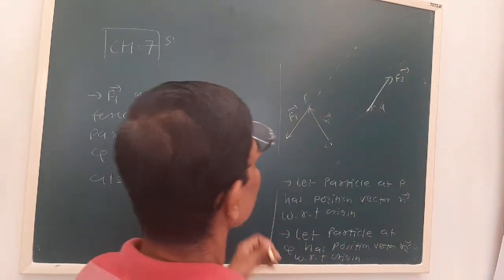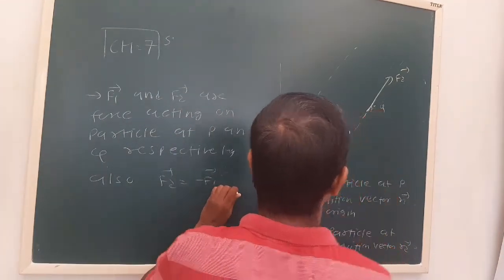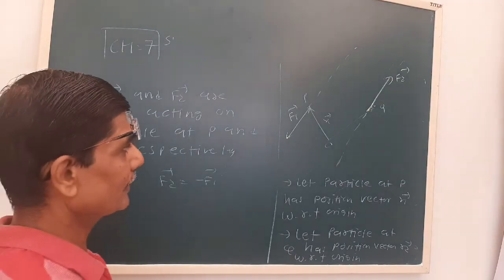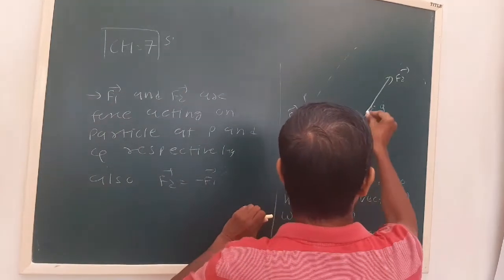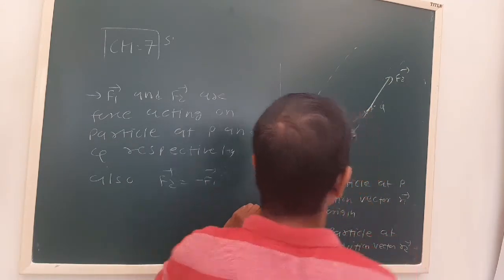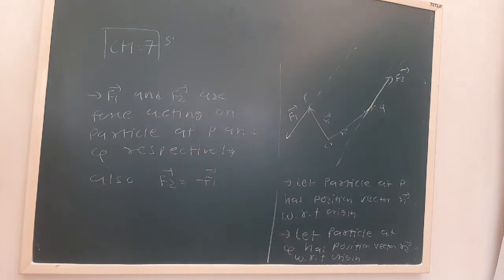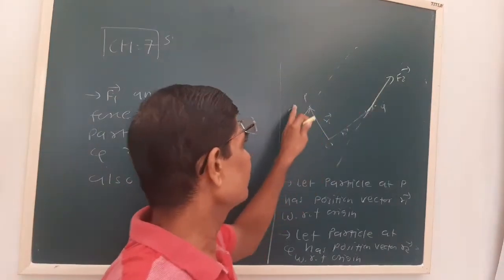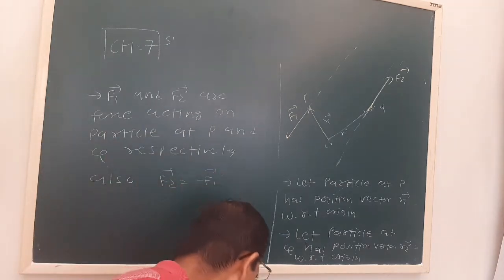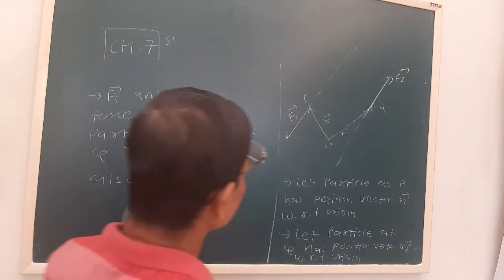Here also we can see these forces are of equal magnitude, in opposite direction, and non-collinear. Q has position vector R2 and P has position vector R1. F2 and F1 are of equal magnitude but in opposite direction. Now see the torque produced because of the couple.